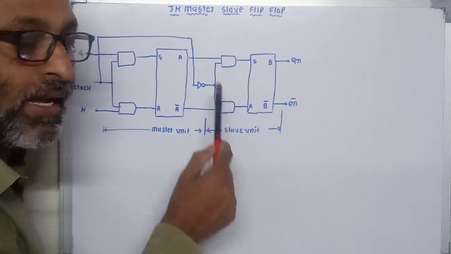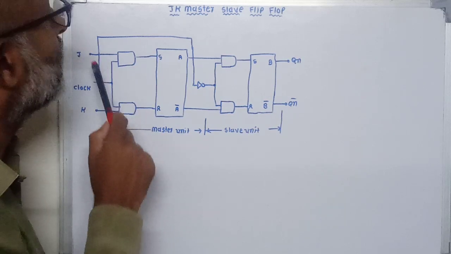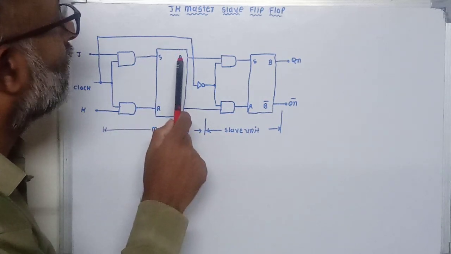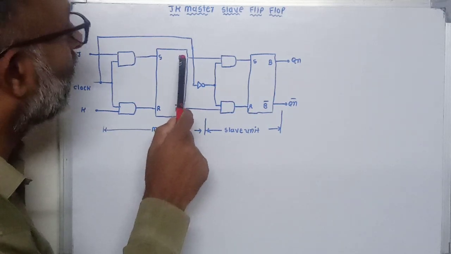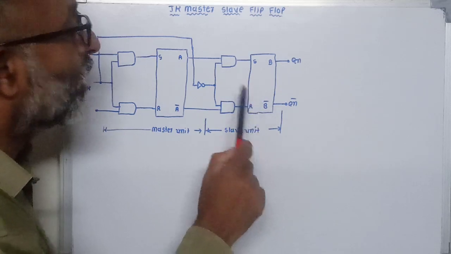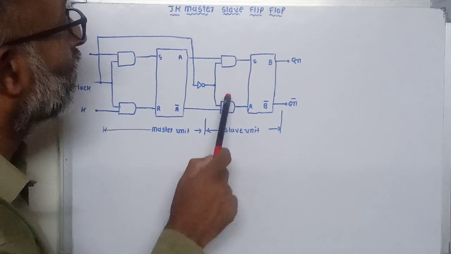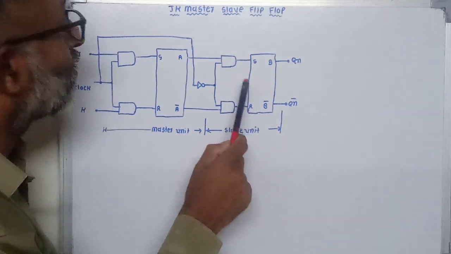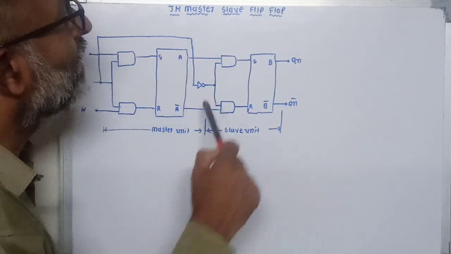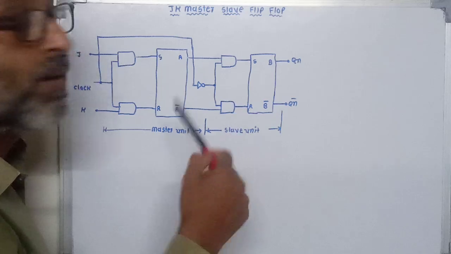The slave unit is enabled when the clock signal is at low level, that means it is at 0 level. So whatever the condition of A and A bar is, it is transferred to the S and R input terminals of the slave unit. It is enabled, so whatever output is available here, A and A bar, is transferred to the S and R input terminals of the flip-flop.